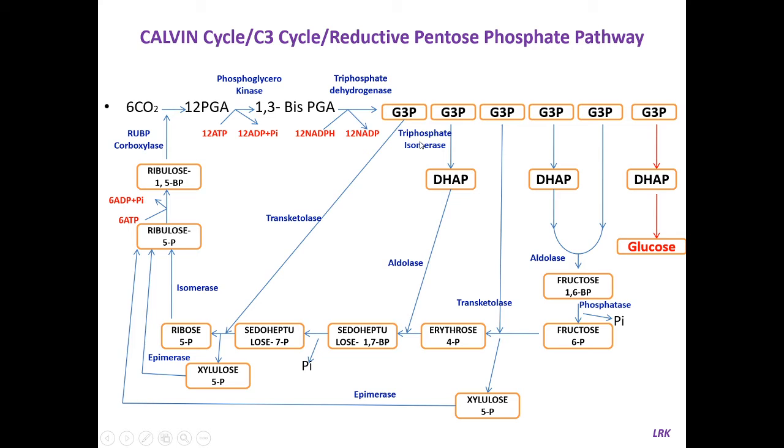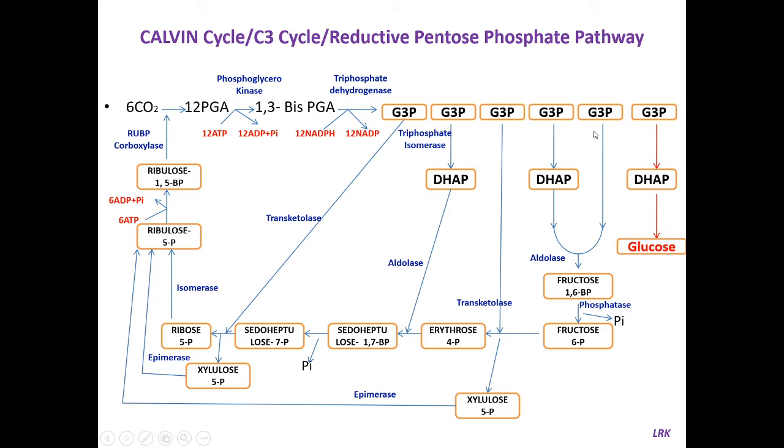Out of these 12 molecules, 6 molecules are isomerized into dihydroxyacetone phosphate. Here, for our convenience, in this cycle, we have shown only 6 molecules of glyceraldehyde 3-phosphate, but at every place, instead of 1, you have to imagine 2. So as a whole, 12 PGAL, glyceraldehyde 3-phosphate, are present.